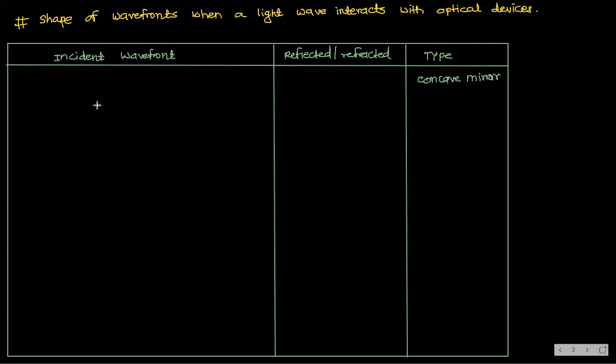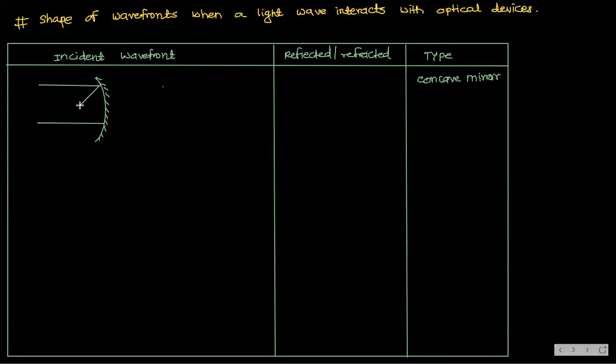So let's draw the concave mirror first here. And now you see, when light is incident parallel on this mirror, what happens?